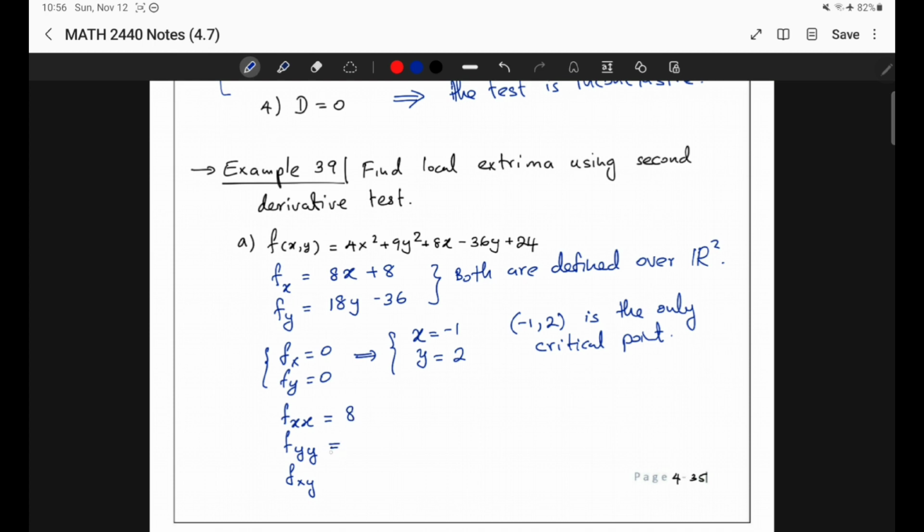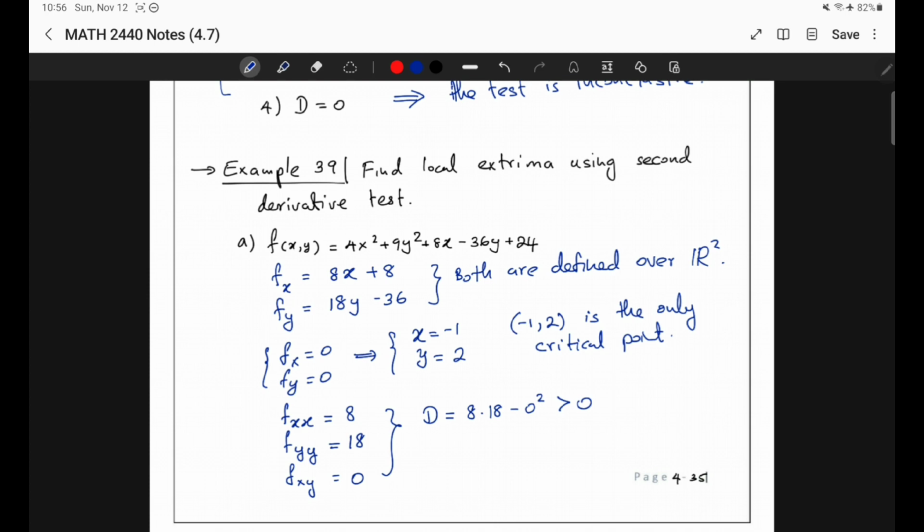To find f sub y, differentiate fy with respect to y, and the mixed partial is 0. So the discriminant is the product of these two: 8 times 18 minus 0 squared, which is a positive number.